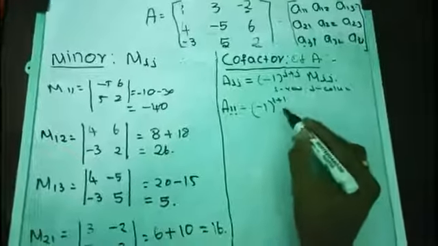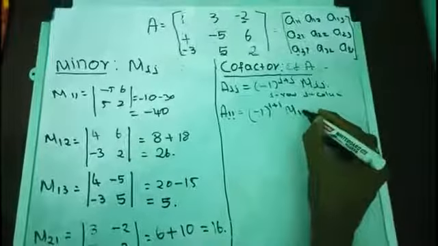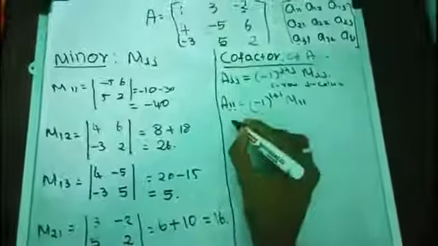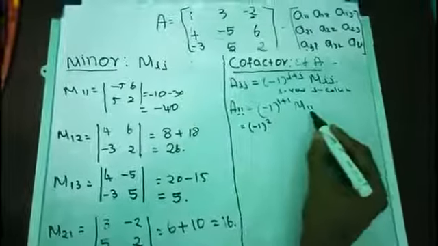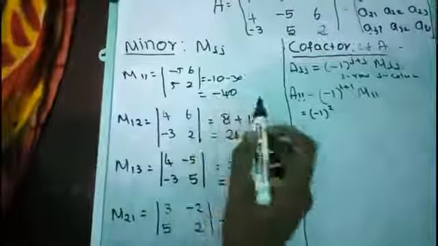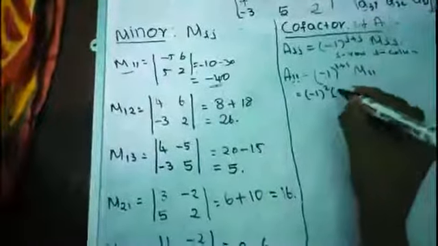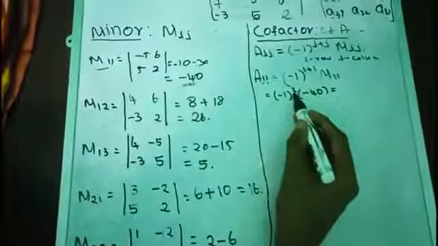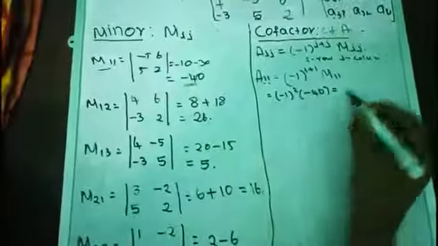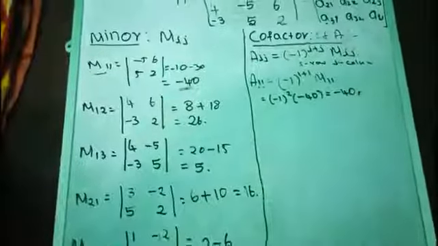So 1 plus 1 into M11, that means i value 1, j value 1, which is equal to minus 1 whole square. M11 value is minus 40. Already we had minus 40. Minus square means plus, so it goes just minus 40. This is the cofactor of A11.